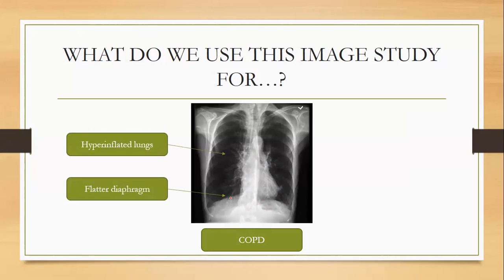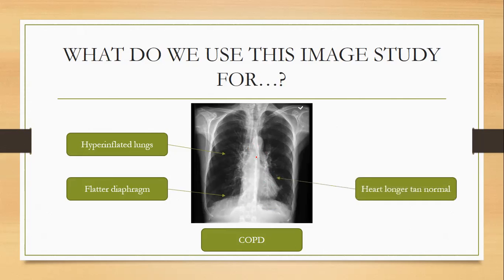I mean, we have air that is trapped in the peripheral lung space, right? So our diaphragms are also flatter because we have space full of air right here. So the diaphragm gets flatter, right? And the heart gets longer than usual.